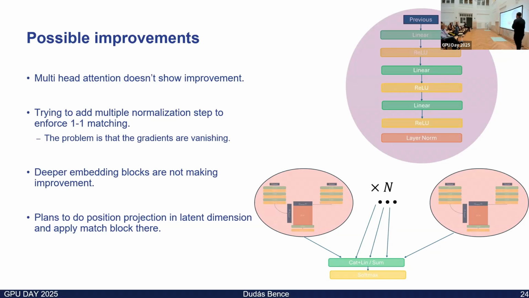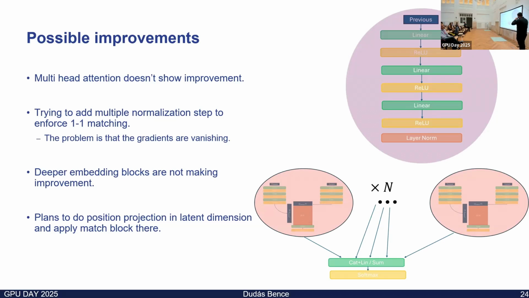Currently I tried this and it doesn't show too much improvement, but maybe I didn't use enough, or maybe I need some other tricks. Another thing that I tried is to have more and more layers with a deeper embedding block. But the problem is that the deeper the embedding is, the more normalization I actually need.